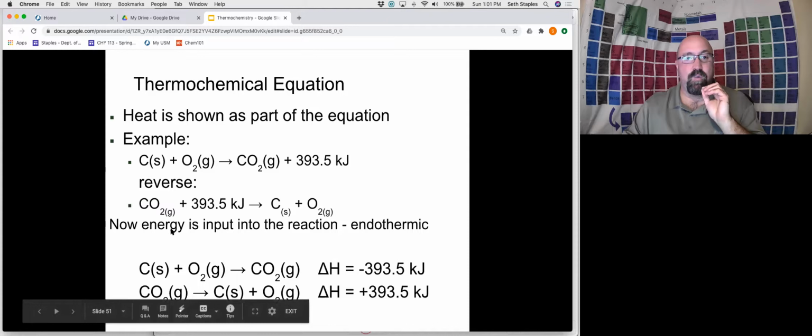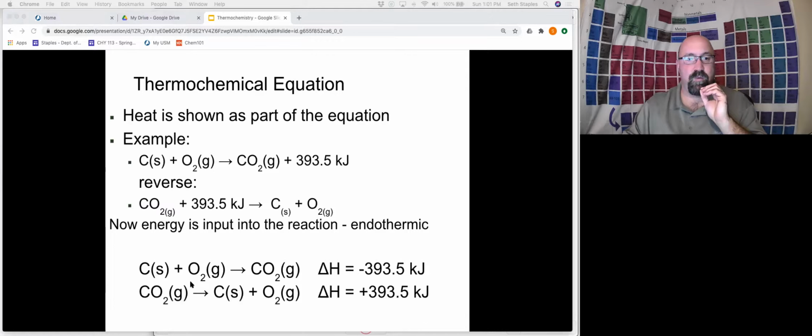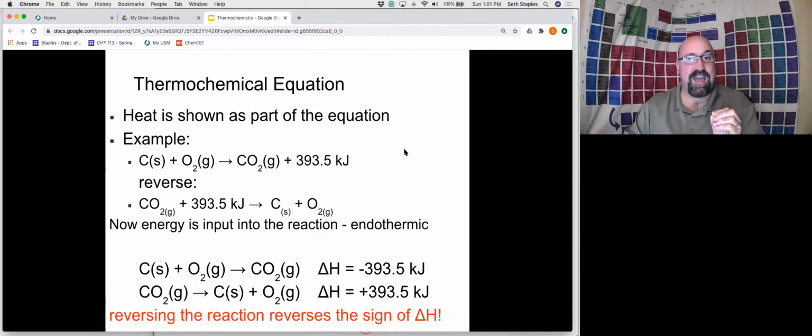And so the energy being input into the reaction is endothermic, so we would represent that with our bottom equation here. Now take a look at what you note between these two different equations. We have our top equation being exothermic. Our bottom equation, which is just the reverse, is now endothermic. Reversing the reaction will reverse your sign of delta H.